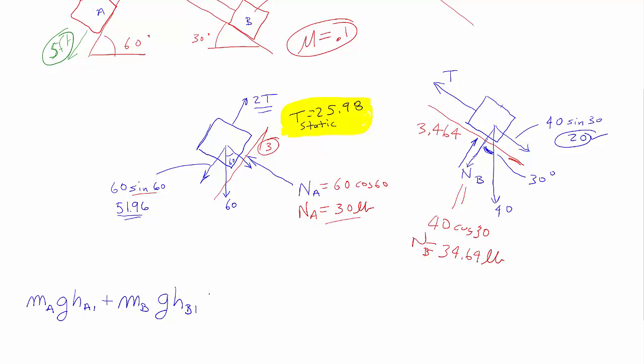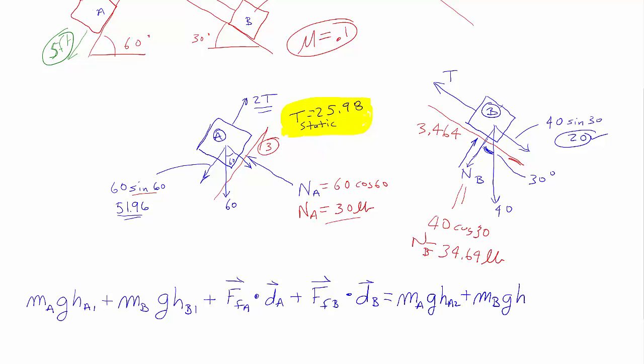If it's released from rest and there's no spring, the only thing I have now is F, the force due to friction on A, dotted with the distance A moved, plus the force due to friction on block B, dotted with the distance B moved, equals mAgHA2 plus mBgHB2.